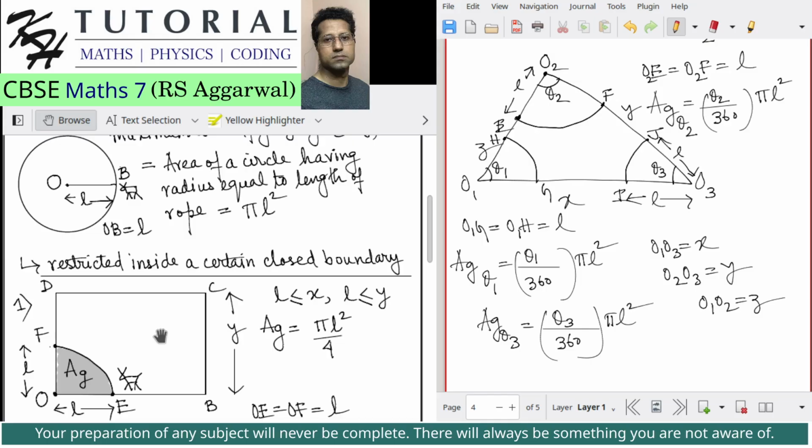That is, when one or more circles are drawn inside a square or a rectangle, then we have to find a certain shaded region. I would like to solve some of those problems to give you good practice and idea.